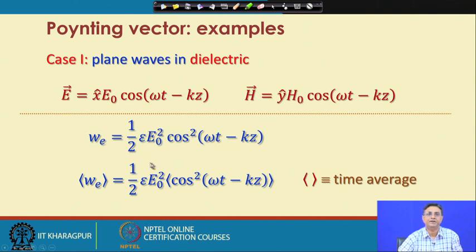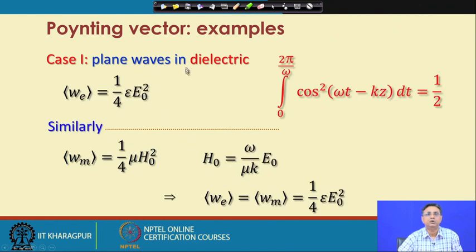If I take the time average of this, that is integral over a complete cycle from 0 to 2 pi by omega, the time integral will give you the value half, and you already have half.